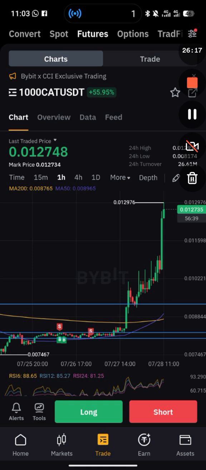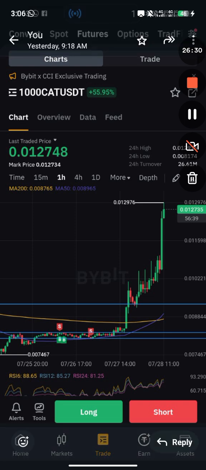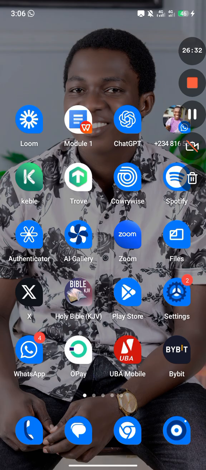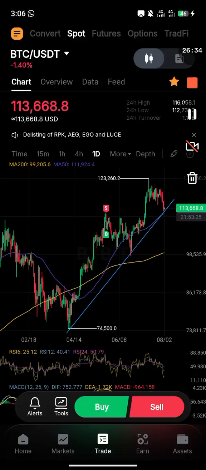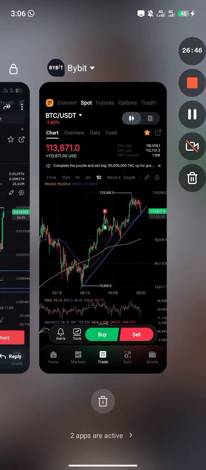Imagine you use $100 to buy this coin, you'd have made $500 extra. I know a friend who made 300% from that trade, and we have many trades like that. Imagine I was using 10x to trade this.